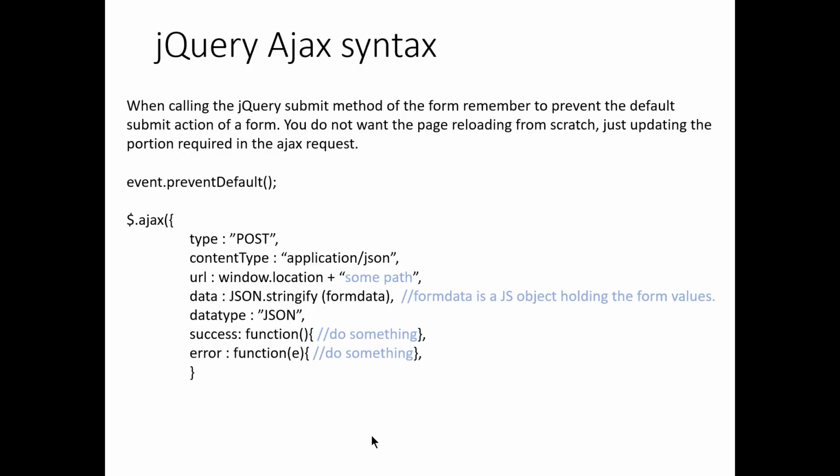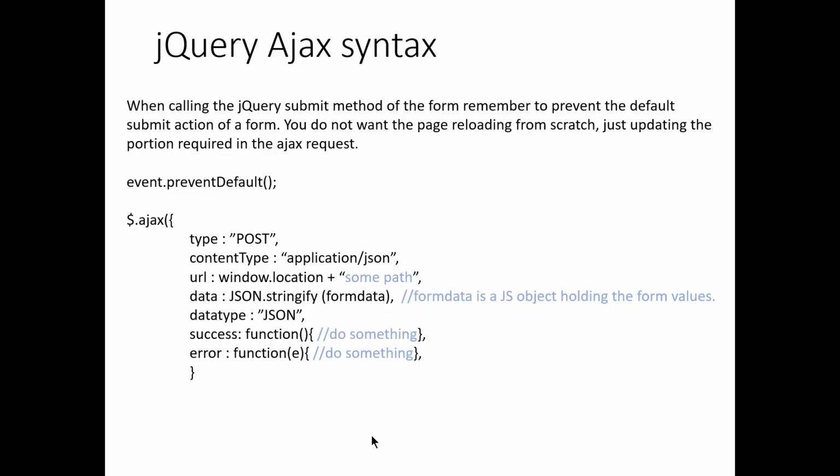So we're looking at the syntax of an AJAX call there. In this case, we'll be using a post type. We'll be passing JSON data back and forward. The location of our route will be in our URL. The data that we will send to the server will come from a variable that you'll create just before this AJAX call, which will be a JavaScript object which has the values of the form saved in it.